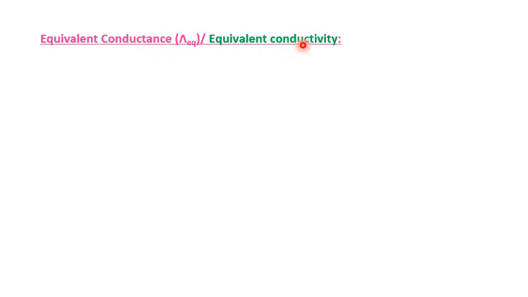Normal conductance and conductivity are different, but equivalent conductance we generally treat as a single term. So equivalent conductance and equivalent conductivity are both the same. Be prepared. Okay. Next.